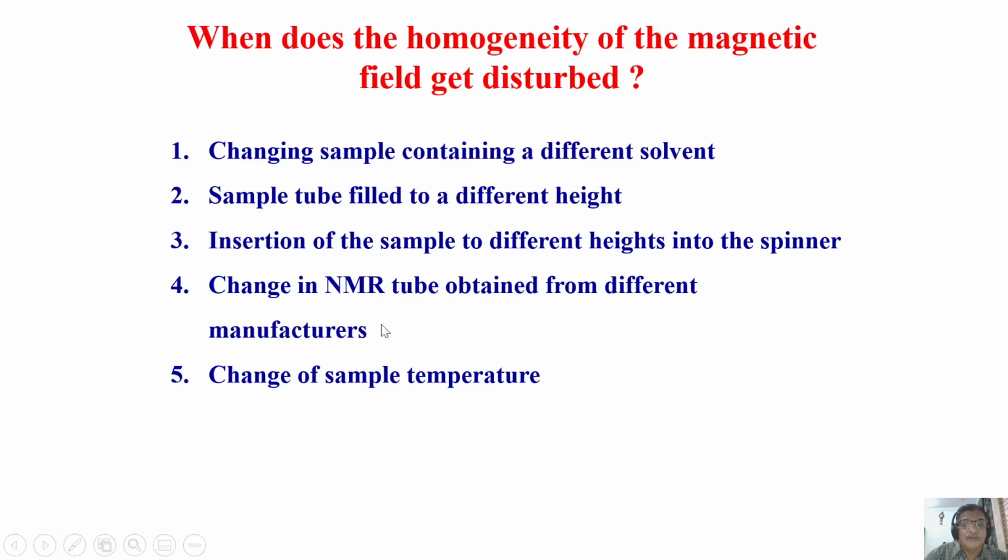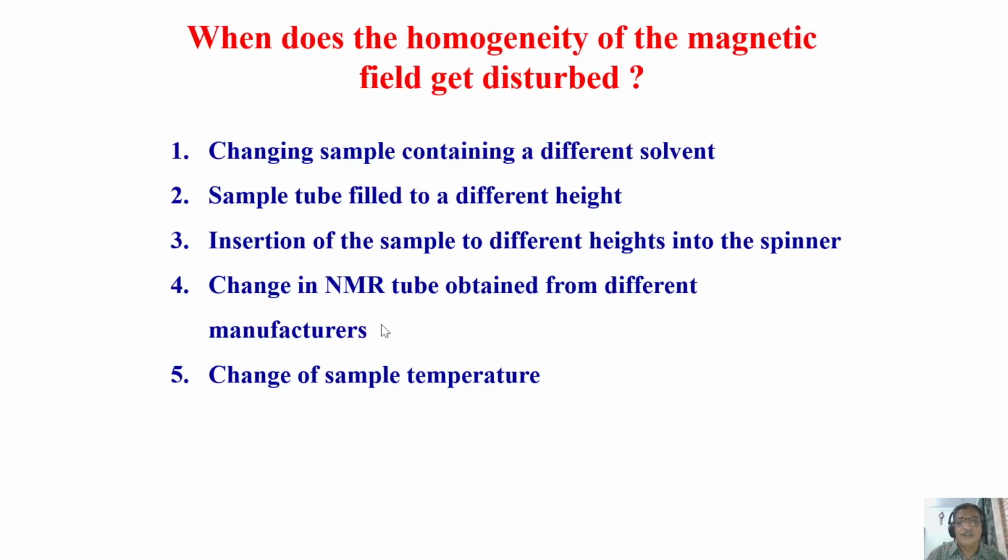And NMR tubes from different manufacturers can be bad sometimes. You check yourself: purchase NMR tubes from different manufacturers and do the experiment. There could be slight inhomogeneities. It may be different from different manufacturers. And if you change the sample temperature and don't regulate it, there is a gradient in the temperature across the sample volume that can give rise to inhomogeneity. Many factors contribute like this.